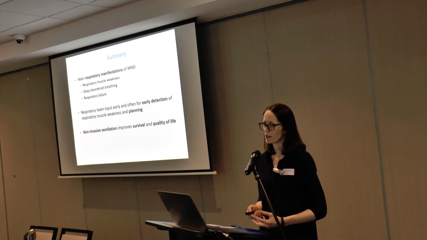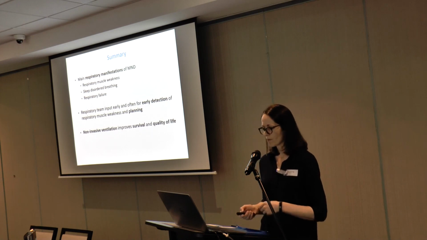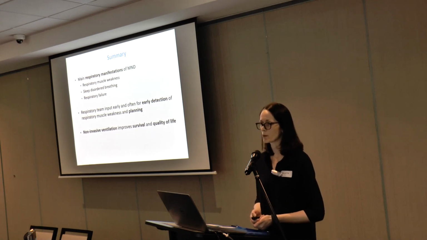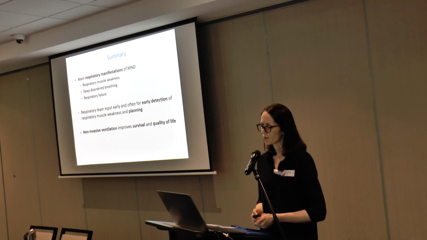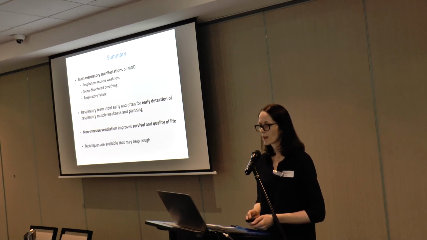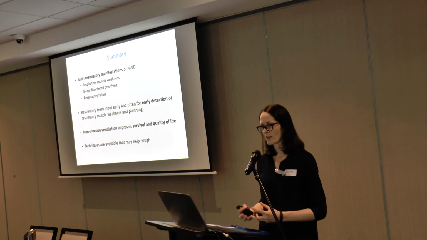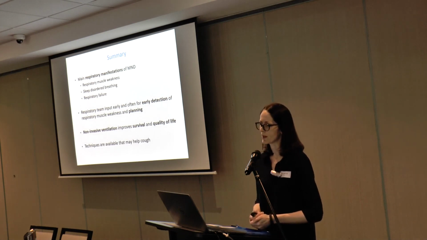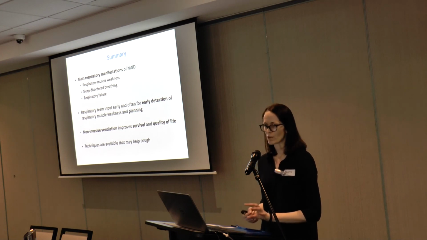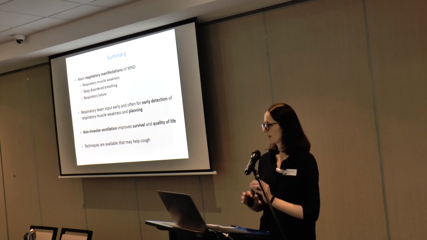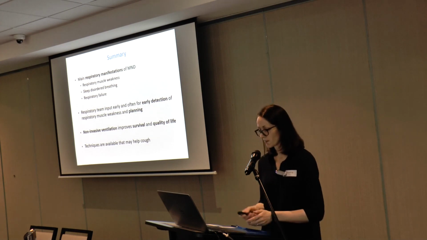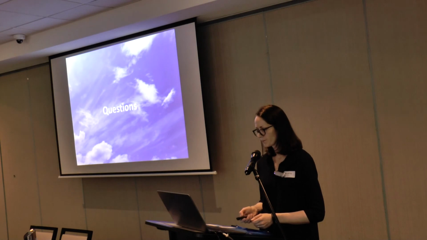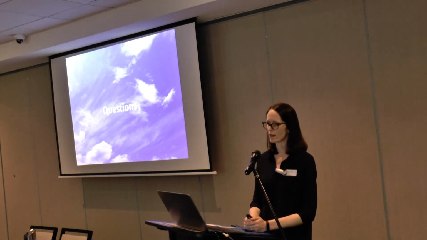We know non-invasive ventilation can be a very important tool to improve survival and quality of life in people with MND. And not to forget, there are the expiratory muscles and cough. There are some techniques available to assist with that as well, and we like to introduce these reasonably early so that people can master them in case they develop a chest infection. So I'll leave it there.